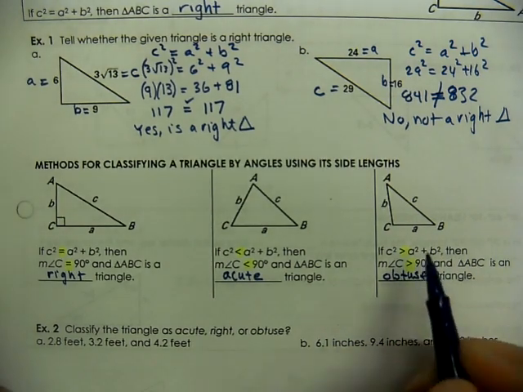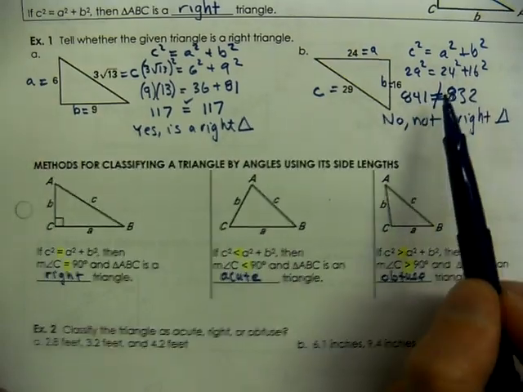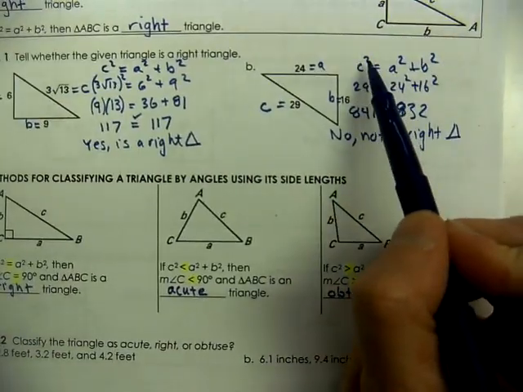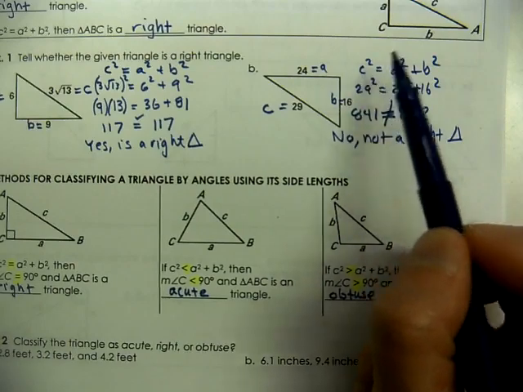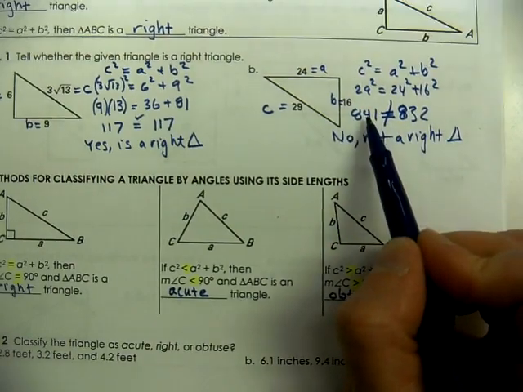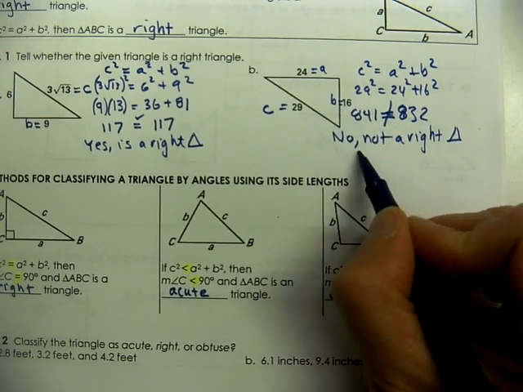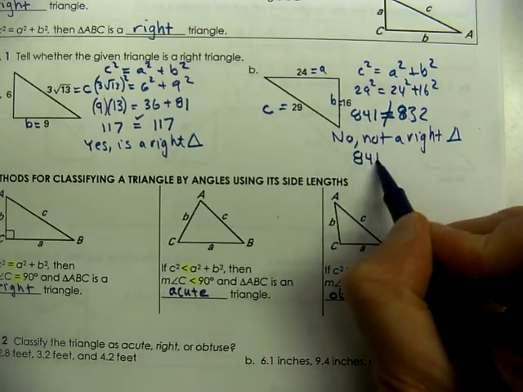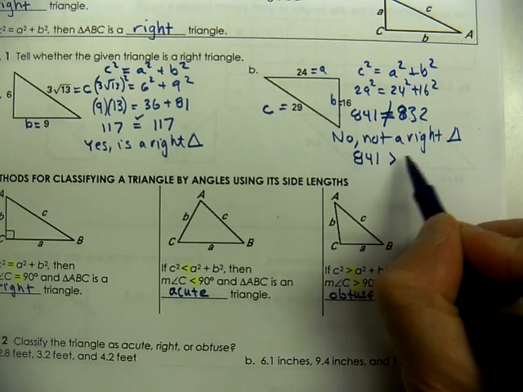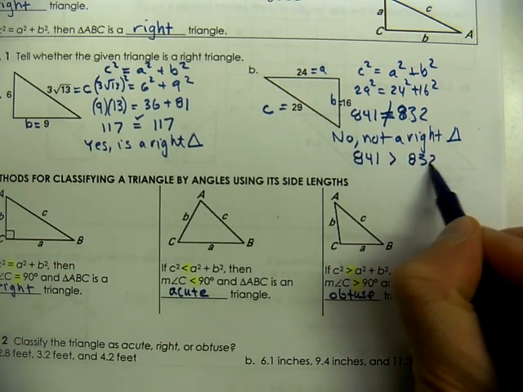So let's take that concept back up to this example we saw earlier. This was our c squared, and we said that c squared value got us 841. So we want to know, is that smaller than 832 or is it bigger than 832? We can say 841 is in fact greater than 832.